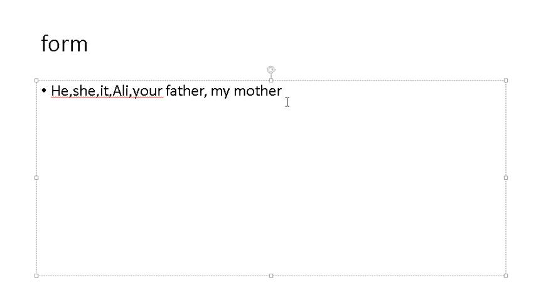So with singular nouns, or with third person singular pronouns like these, we use verb first form with the addition of s or es. Like we can use with them write, writes, and goes.